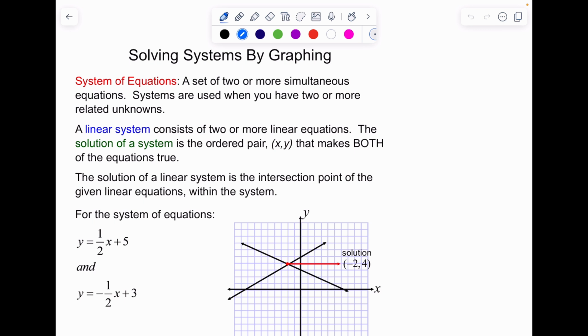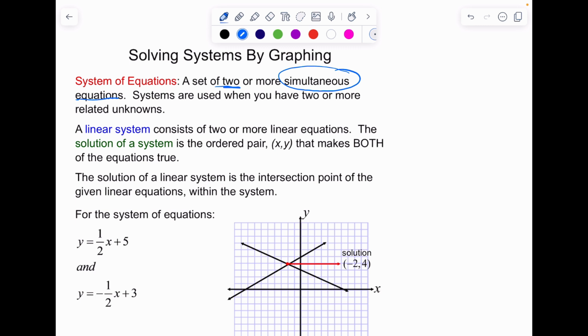Today we're going to learn how to solve systems of linear equations by graphing. Systems of equations, whether linear or not, are basically a set of two or more simultaneous equations. They can be both linear equations or nonlinear.